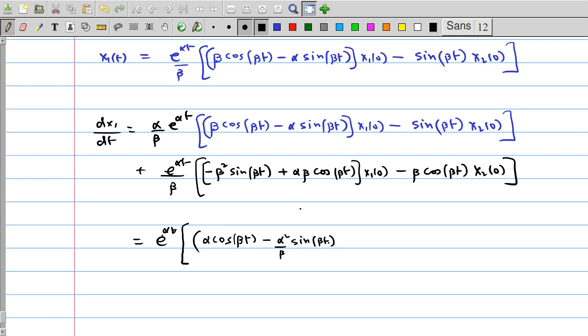Now we have to get this other part out here. Minus beta and beta square cancel out to make beta. Beta sine beta t plus alpha cos beta t, and this whole thing is times x10.